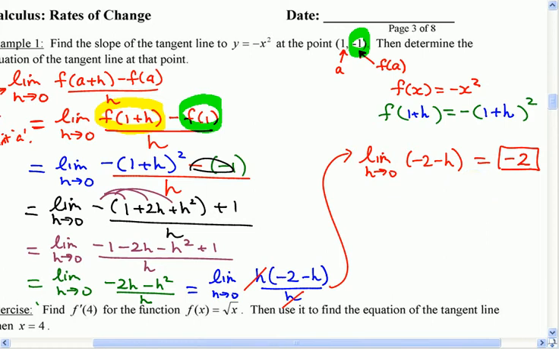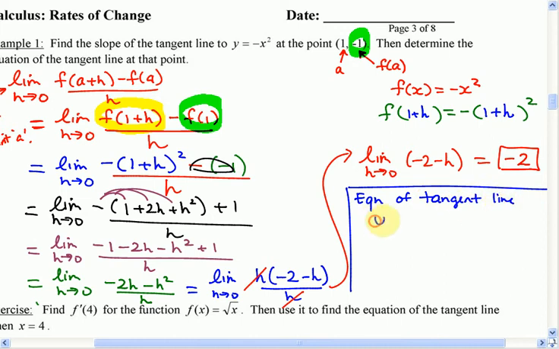By the way, this one also asks you to find the equation of the tangent line. So from here, how do we find the equation of the tangent line? What's the good form for the line equation? y equals mx plus b. Thanks, Hisham. Do we know m right now? We have m. That's negative 2, right? Cool.